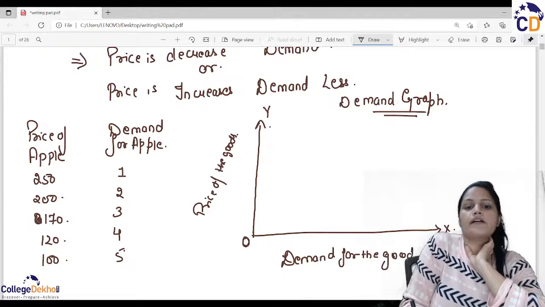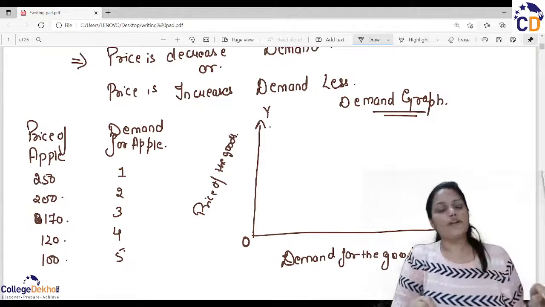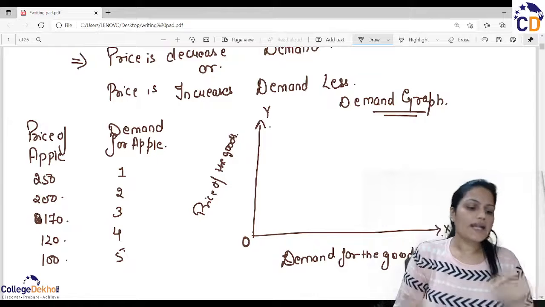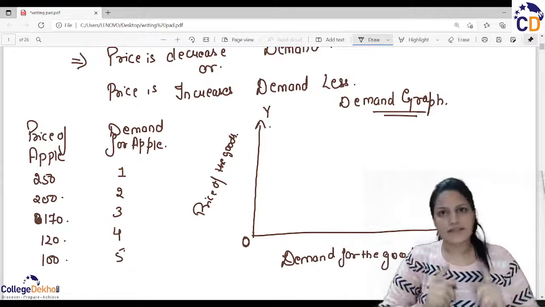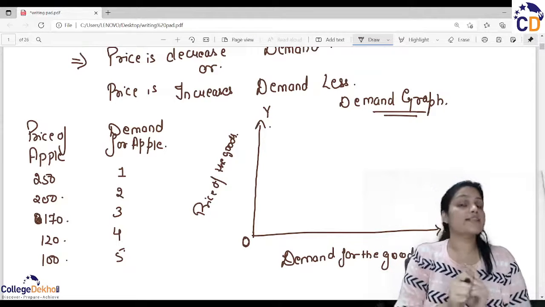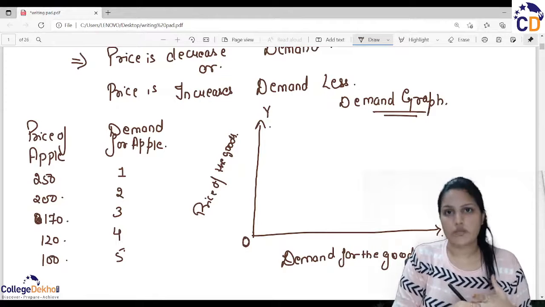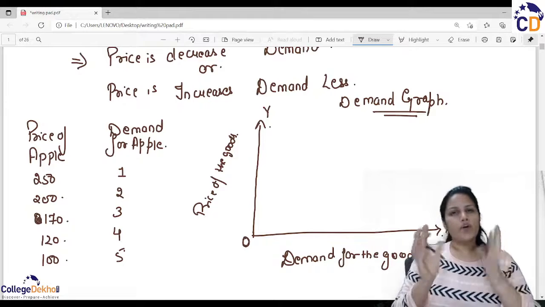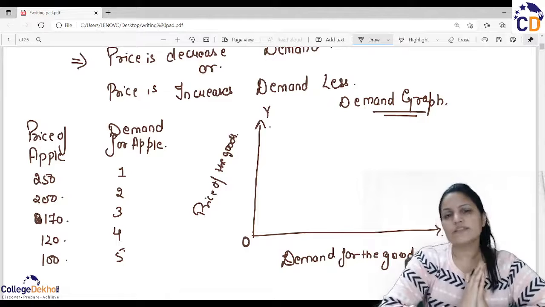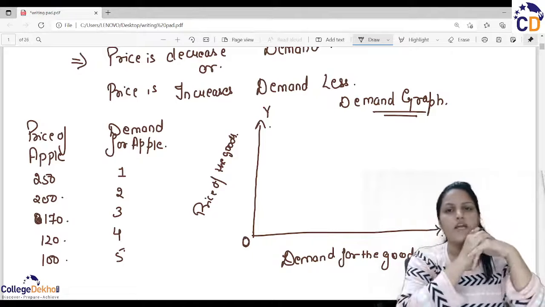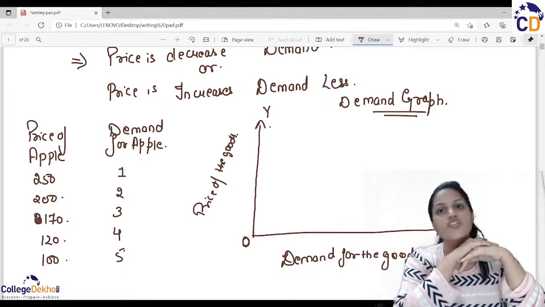What do you mean by independent variable or dependent variable? Again, I am coming back to my example, the tomatoes. When the price changes a little bit, my demand automatically changes.